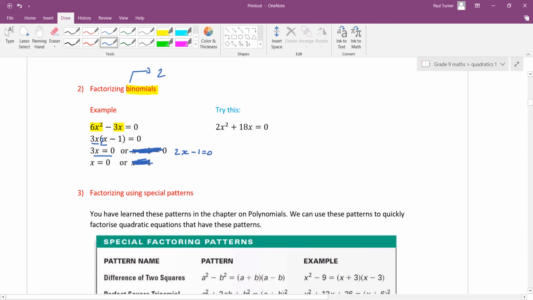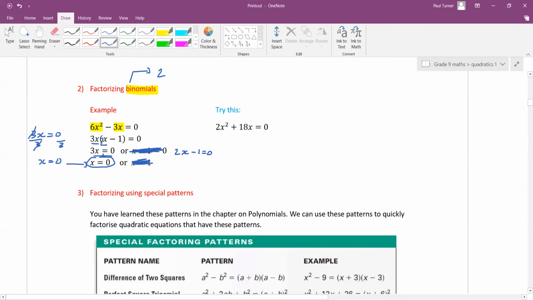If 3x equals 0, in this case, x must be 0 from this one here. So let's do that. 3x equals 0. If you want to find x, just divide by 3 both sides. Cancel, x is 0.